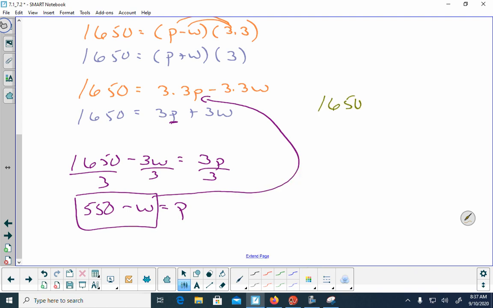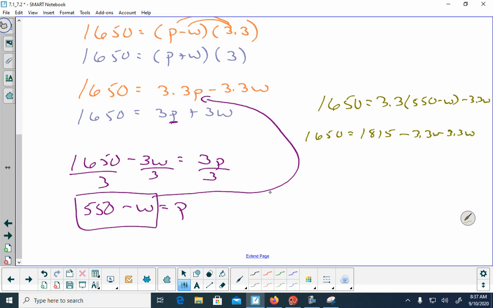So 1650 is equal to 3.3 times p, which I just said was 550 minus w, and then that's going to be minus 3.3w. So 1650 is equal to, and then 3.3 times 550 is equal to 1815, minus 3.3w.